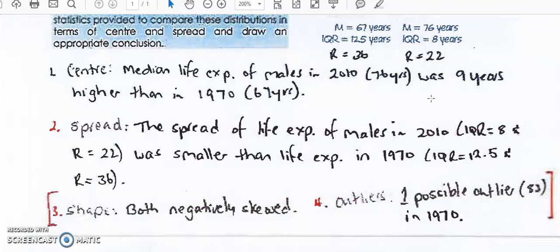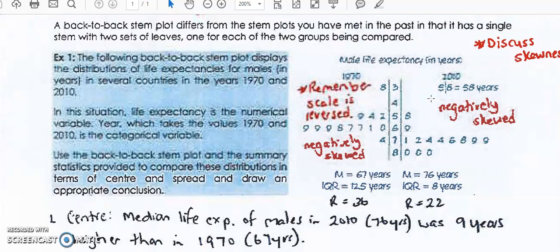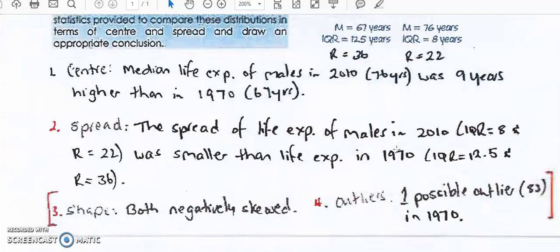It's less likely, assumption-wise anyway, for someone in 2010 to pass away at a younger age. As you can see here, quite a lot of these young ages are missing, as opposed to 1970, where you've got this middle value here of 38. There's this big range, especially in the interquartile range. It's quite a bit bigger in comparison.